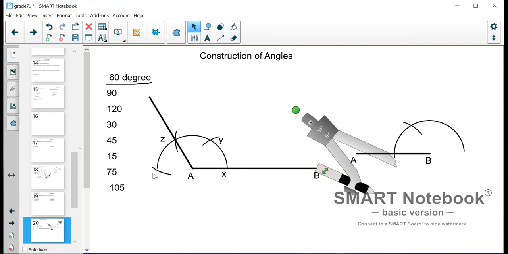And if you add another 60 to that, that would give you 240, and another one would give you 300. So you can find multiples of 60 degrees.